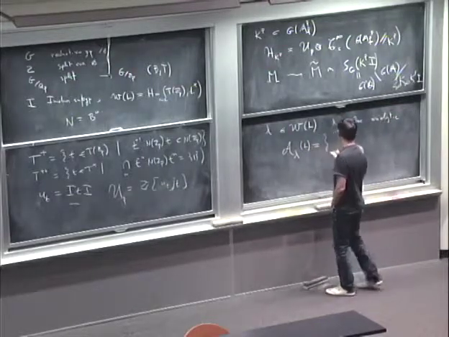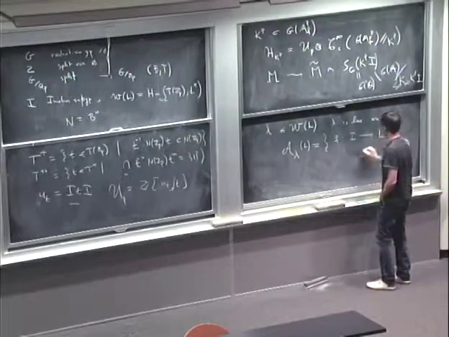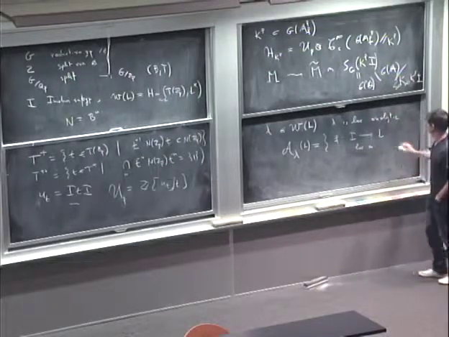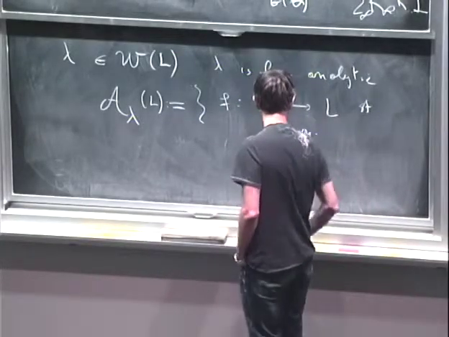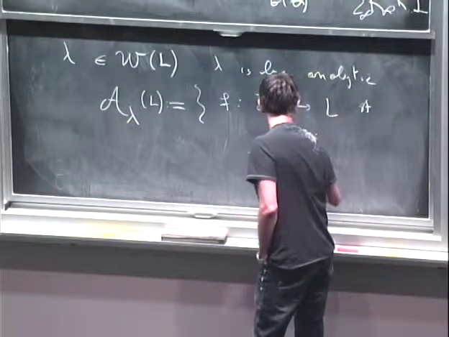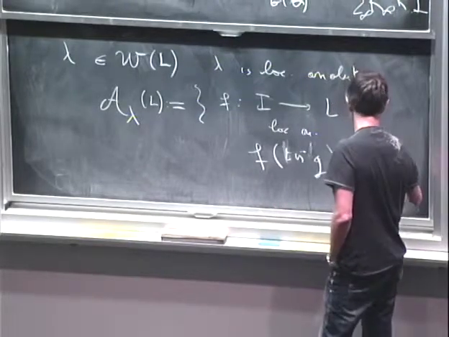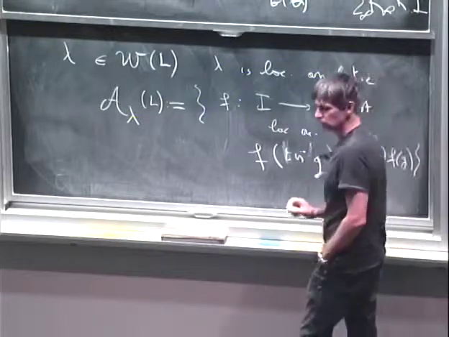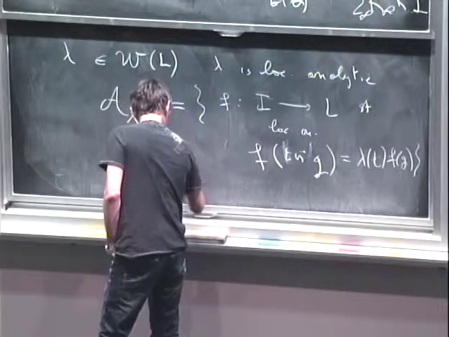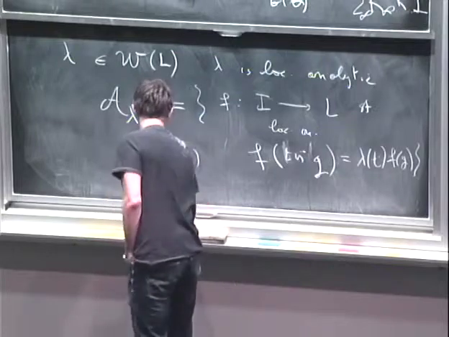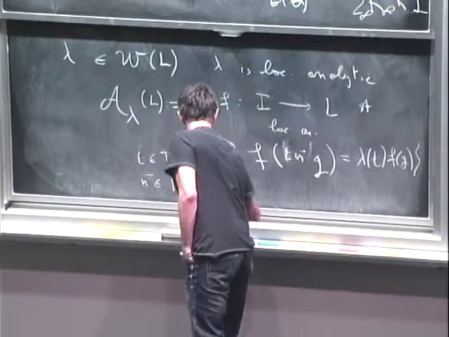This is just the space of locally analytic functions from I into L such that f of t n minus g is equal to lambda of t f of g, for t inside T of Z_p and n minus inside the opposite unipotent N minus of Z_p, in the Iwahori I.